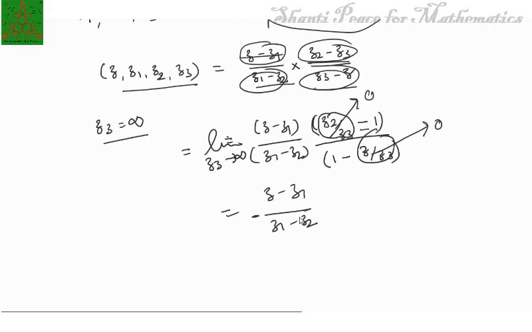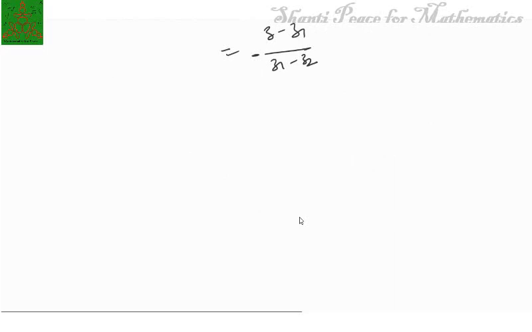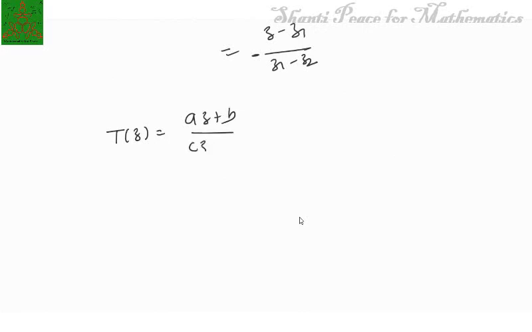One more thing to notice here is that if T of z is az plus b upon cz plus d, where ad minus bc is not equal to 0, the behavior of the bilinear transformation is not affected when you multiply a constant with a, b, c, d.